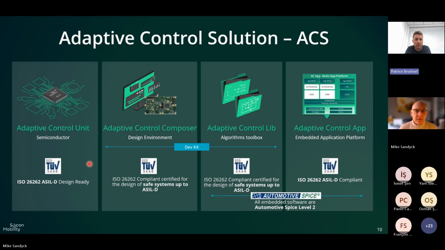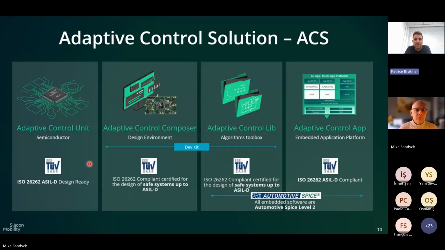The adaptive controller unit is designed in automotive technology and is also ASIL-D capable. It combines flexible hardware acceleration that allows you to integrate advanced control algorithms and run them at high frequency.